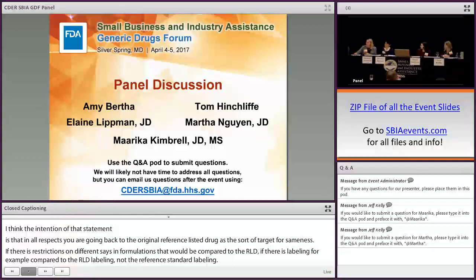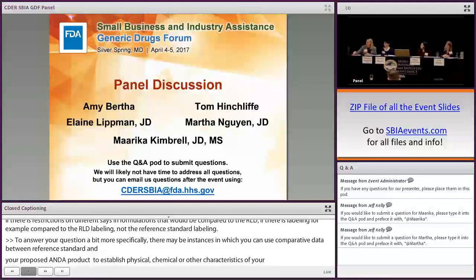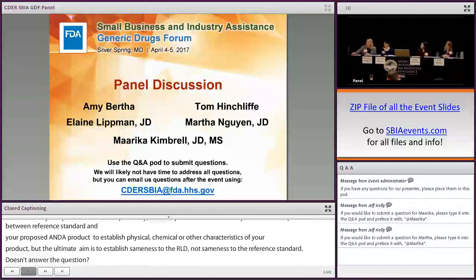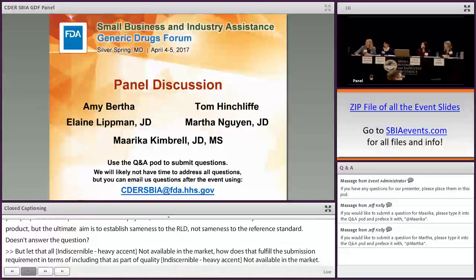I'll answer that. I think the intention of that statement is that in all respects you're going back to the original reference listed drug as the target for sameness. So if there are restrictions on differences in formulation, those would be compared to the RLD. If there is labeling, for example, it is compared to the RLD's labeling, not the reference standard's labeling.